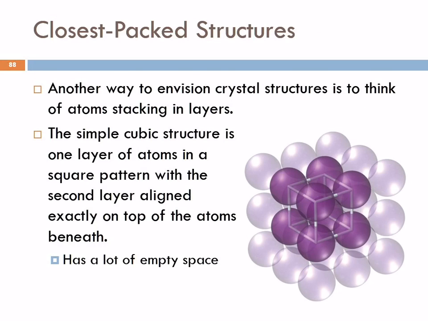So what we just talked about is one way to look at packing structures of crystalline solids. Another way is to look at how the atoms go together in layers. So in the simple cubic structure, one layer of atoms is arranged in a square pattern, and it's lined up exactly on top of the atoms beneath. So think about putting round Christmas ornaments into a box without dividers, and packing them in.